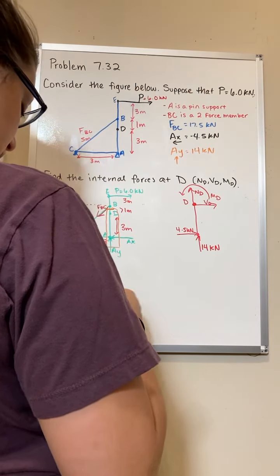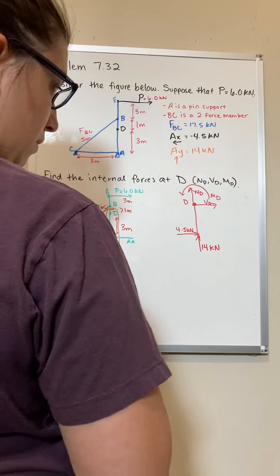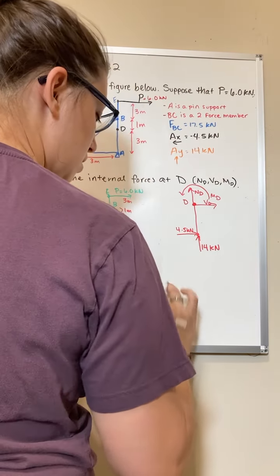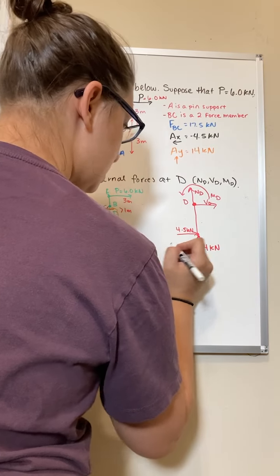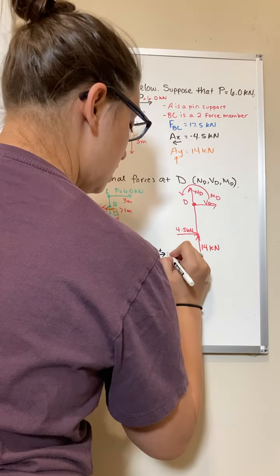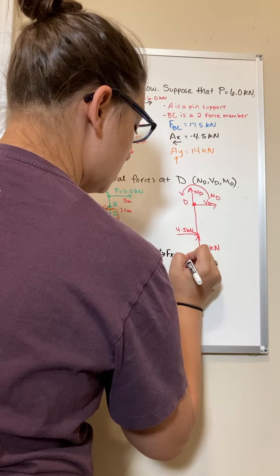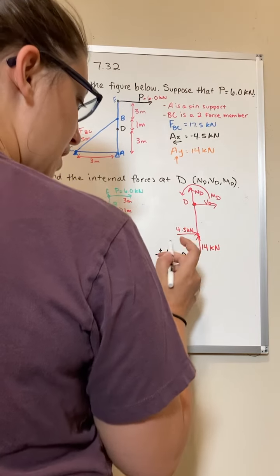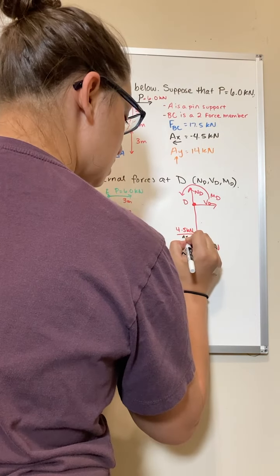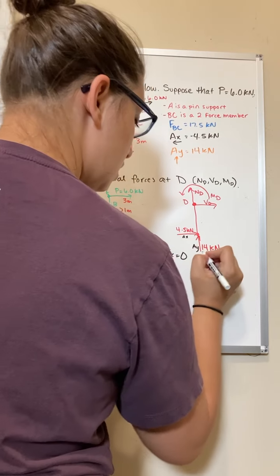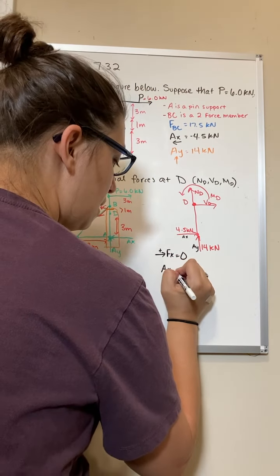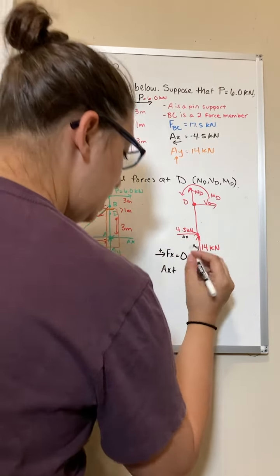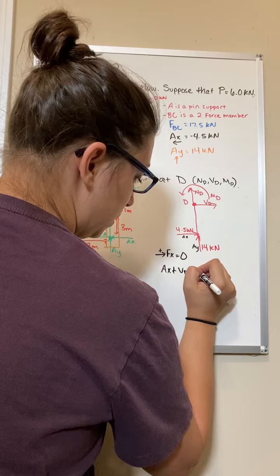So taking our equations of equilibrium, sum of the forces in the x direction. Let's see, x direction is like this. So sum of Fx equals 0. Here I have it as, this is Ax and this is Ay. So we're going to have Ax plus VD is equal to 0.